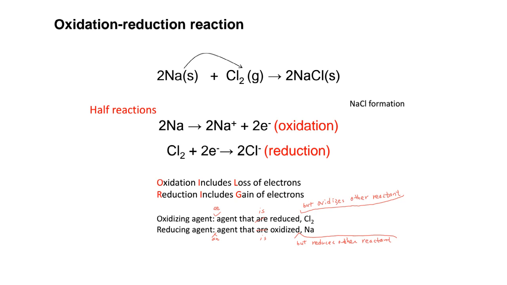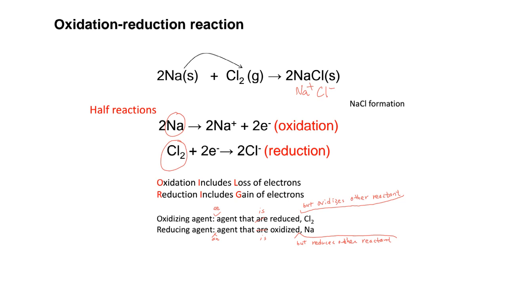So this chemical reaction can be broken up into two half cell reactions. One includes the sodium element, and the other will include the chlorine element. And sodium chloride consists of Na+ and Cl- ions. Sodium chloride is an ionic compound, right?